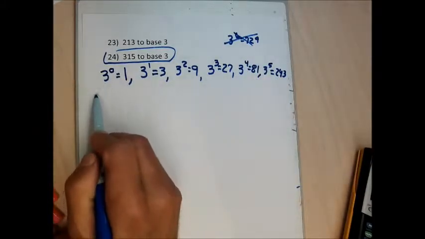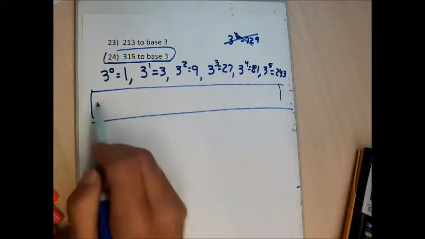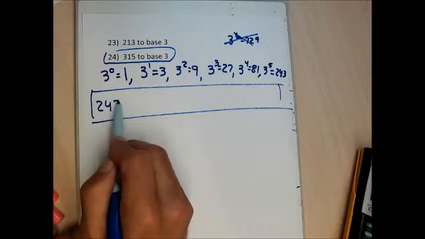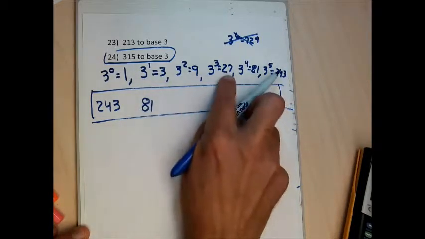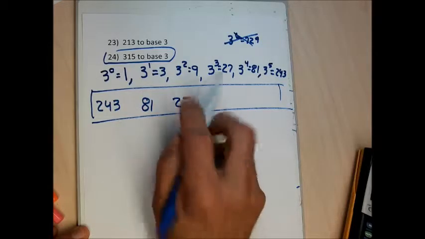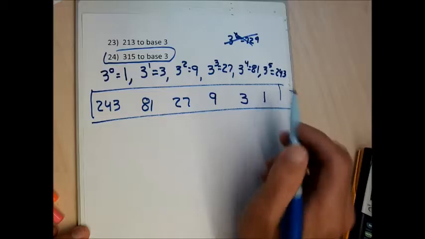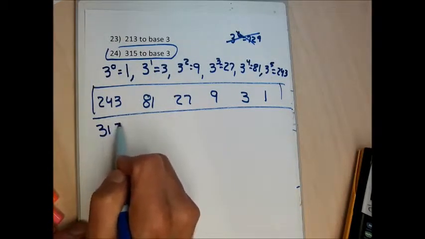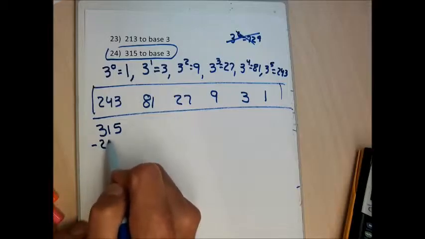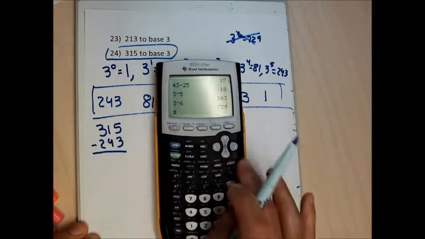So I'm going to subtract the number 243, and then 81, and then 27, and then 9, 3, and 1. And let me just get going. I'm going to start off with 315. I'm going to subtract until I get a number less than 243. So first subtraction, 315 minus 243.